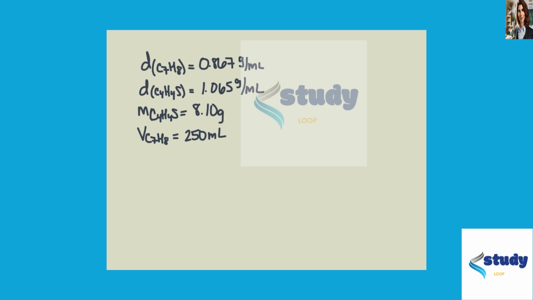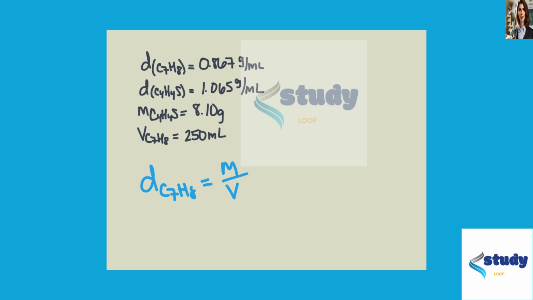C4H4S in the solution. So to do this, the first thing we need to figure out is how many grams of the C7H8 we have. So we're going to start off by taking the density of C7H8, which is the mass divided by the volume, in order to figure out the mass.